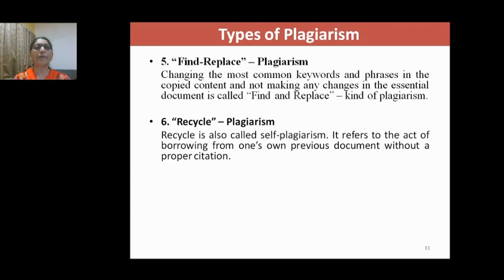Next, the sixth type of plagiarism is recycle. It is also called self-plagiarism. It refers to the act of borrowing from one's own previous document without a proper citation. See, here I would like to quote one example. One of the researchers has taken his own research in the next research article.